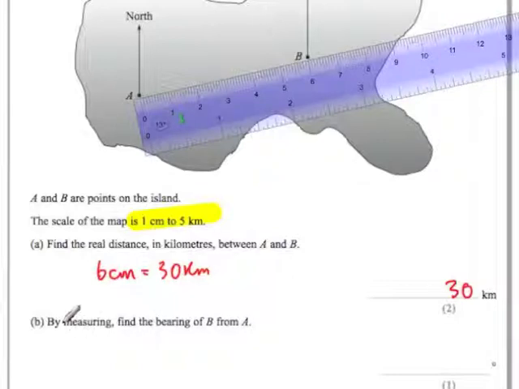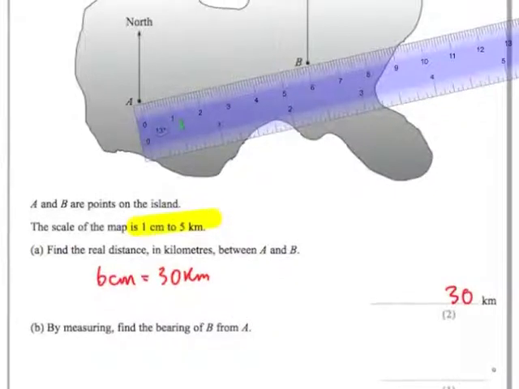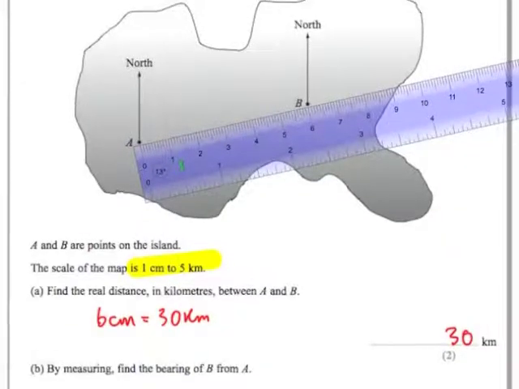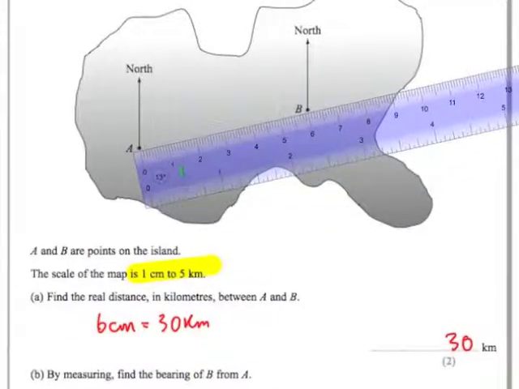Right, it then says, by measuring, find the bearing of B from A. Of B from A. So that means that we're standing at A. Okay? And the first thing I'm going to do is put this line in, because we need to show that line, don't we?